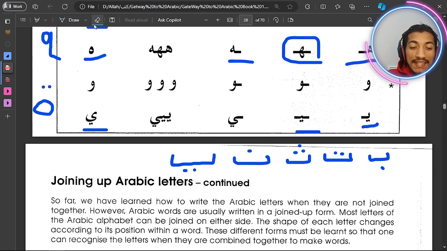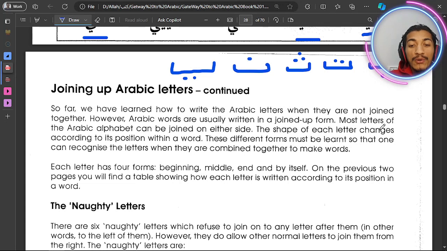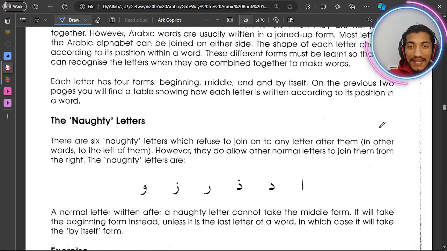Okay, that's it. If you notice, we skipped some letters, those that have the stars before them, and those letters we call the naughty letters. Why? As they refuse joining to the next letters. What does this mean?